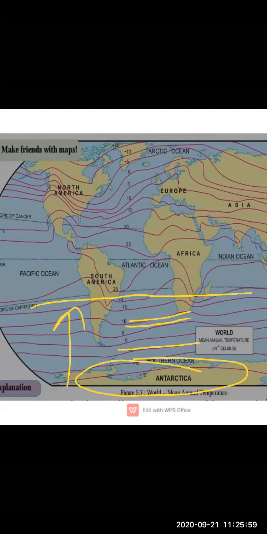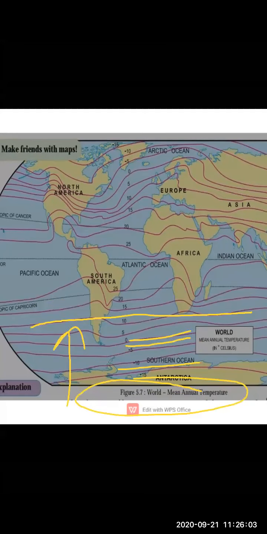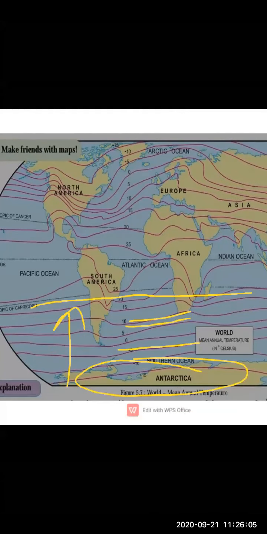Children, see what is happening here. The proportion of land in the southern hemisphere is limited. Can you see here the portion of land, the continents, they are very limited, only this much part. So the temperature in these parts is largely influenced by the latitudes.